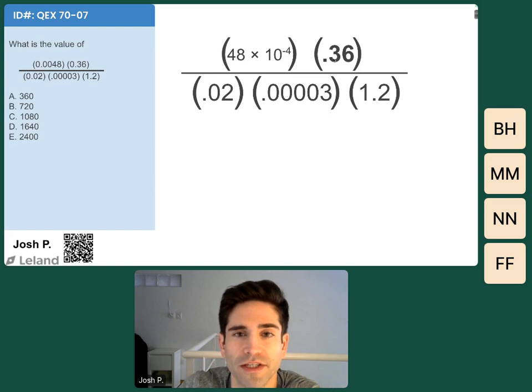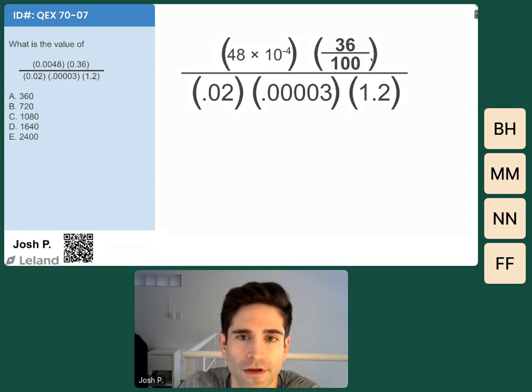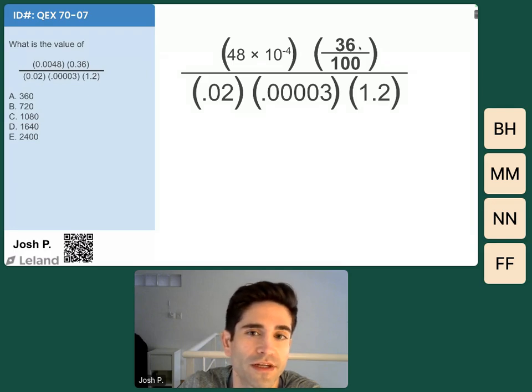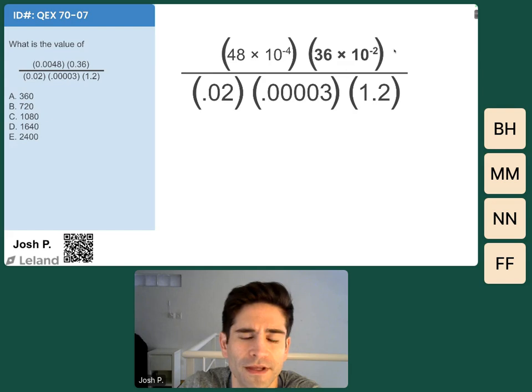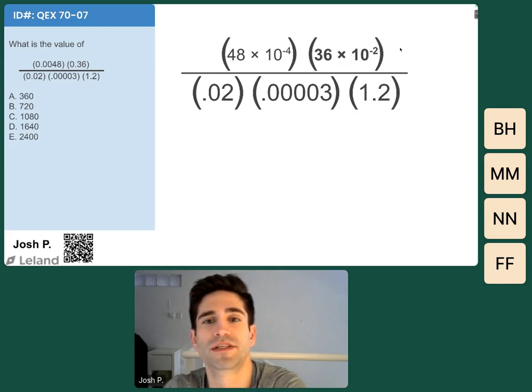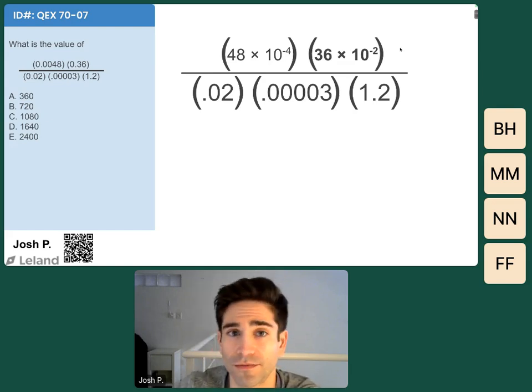We do the same process for this term, 0.36. 0.36 is equivalent to 36 over 100, which is equivalent to 36 over 10 squared, equivalent to 36 times 10 to the minus 2.